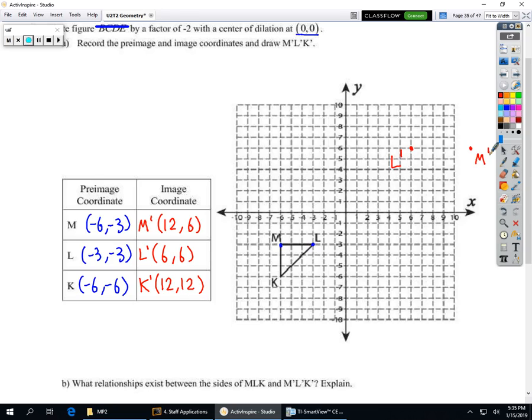And the last one's K prime. 12, 12: 12 over, and 12 up about there. Let's call this K prime. Since it's off the graph, it's not going to be quite perfect. But that should be the negative dilation. So it should be bigger, but appearing on the other side and essentially flipped over.